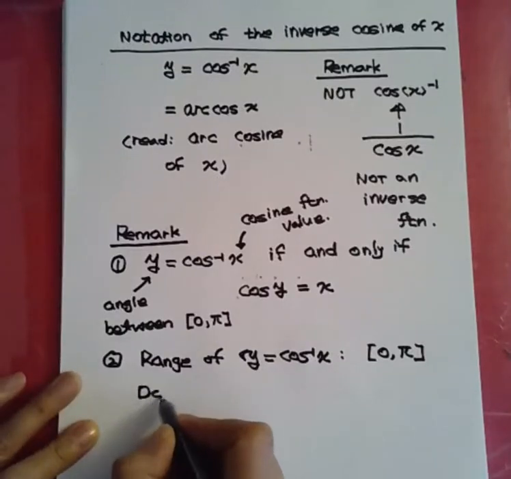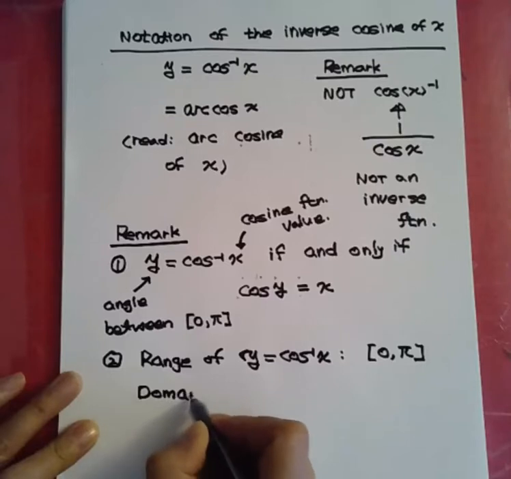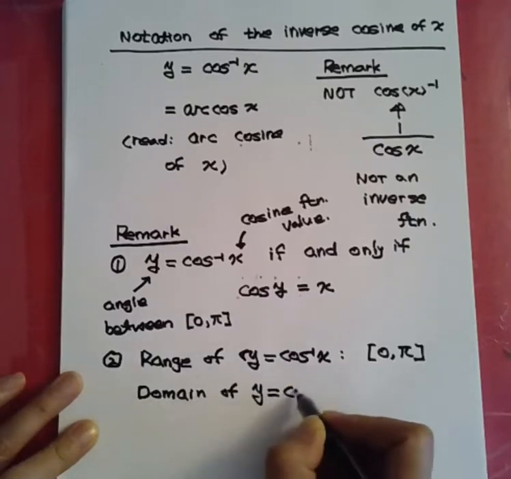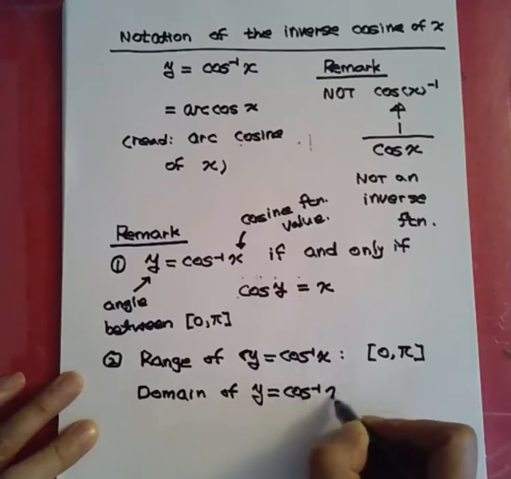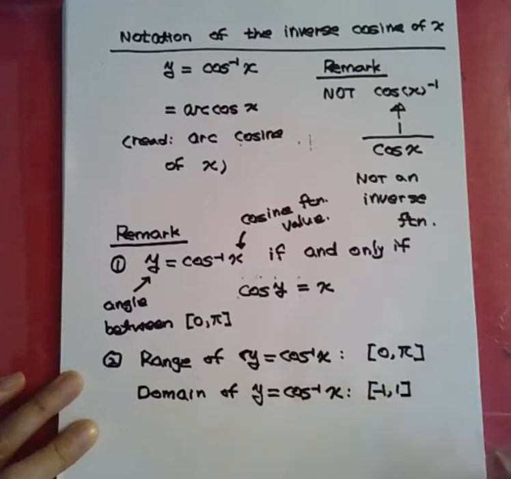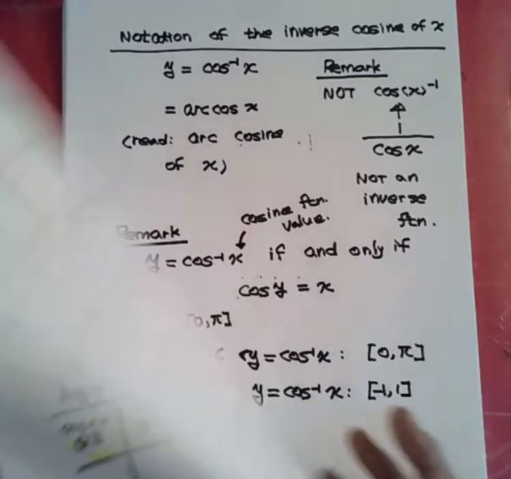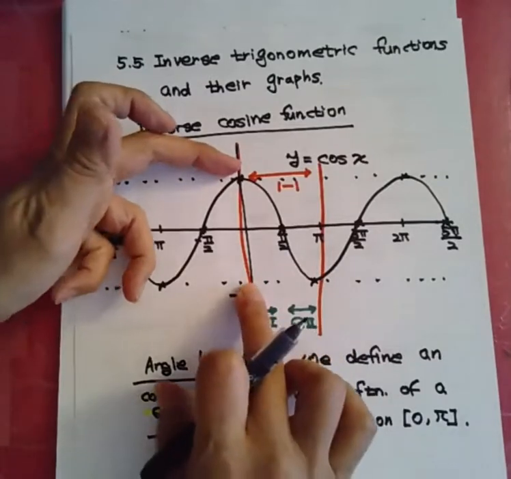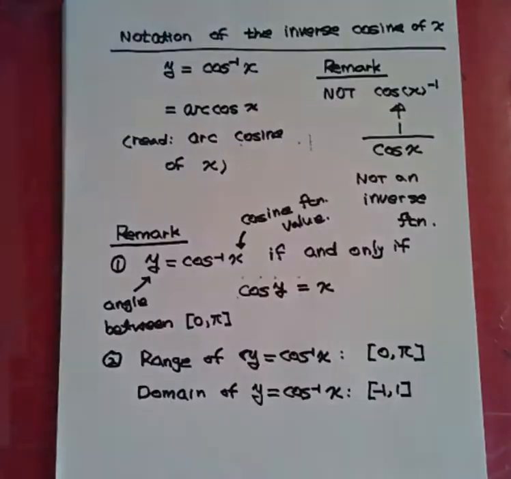And the domain of y equals cosine inverse of x is from -1 to 1. The range of cosine was from -1 to 1, and in the inverse function that became the domain of the inverse function.